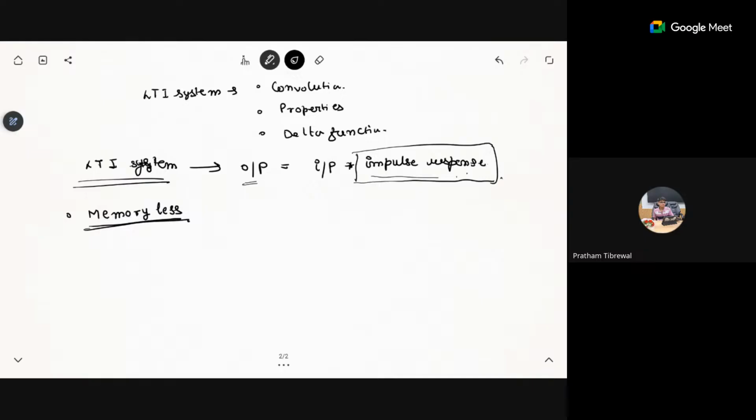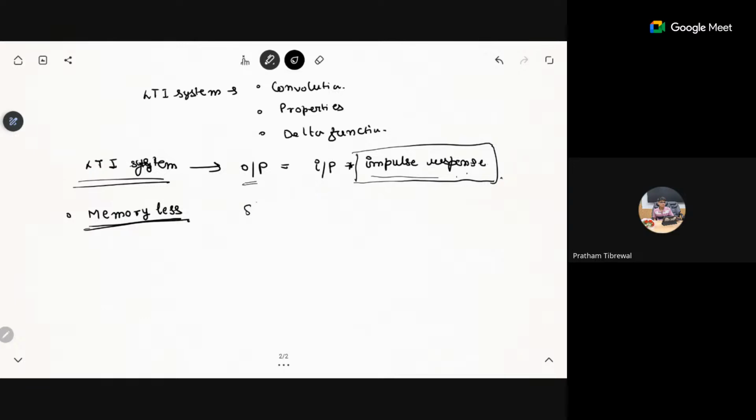Now, if you have the LTI system and I say that it is memoryless, then what should you expect about the impulse response of that system? At delta zero. Delta zero, right. If the function depends on t, so delta t, there should not be shifting like t minus 1 or t plus 2 with the delta.